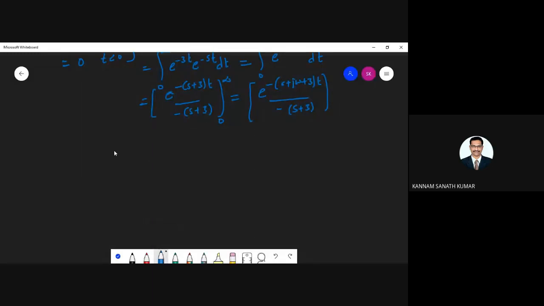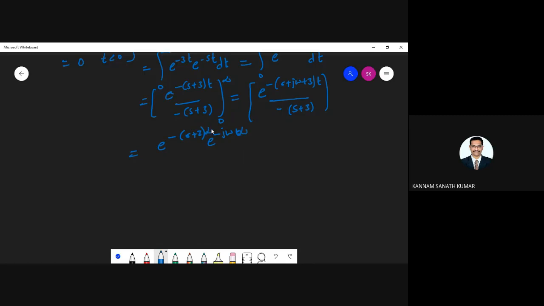So if you see, this is equal to e power minus, between the integral 0 to infinity, no? So e power minus sigma plus 3 into e power minus j omega t, and you are applying the limits.